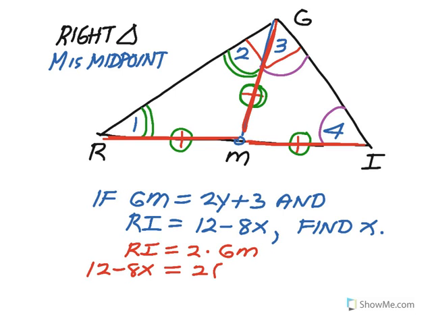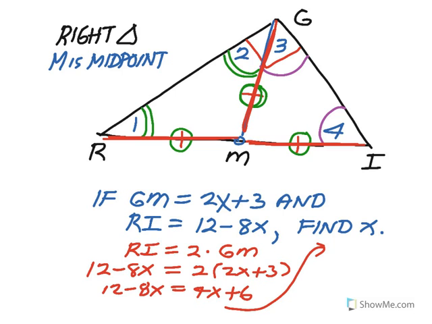I think I need to make this an x. So let's see here. On the right-hand side, if I simplify through the distributive property, I'll get 4x plus 6. So continuing on, if I add 8x to both sides, I'll have a 12x on the right.